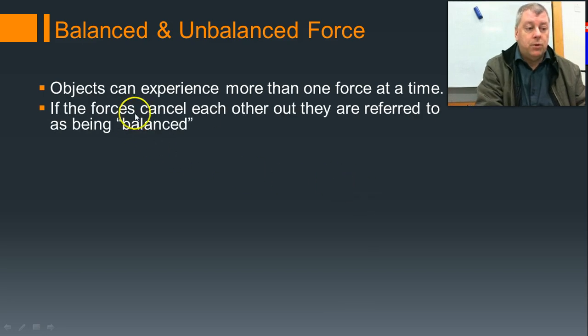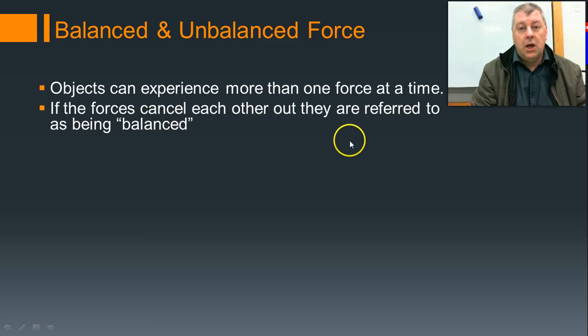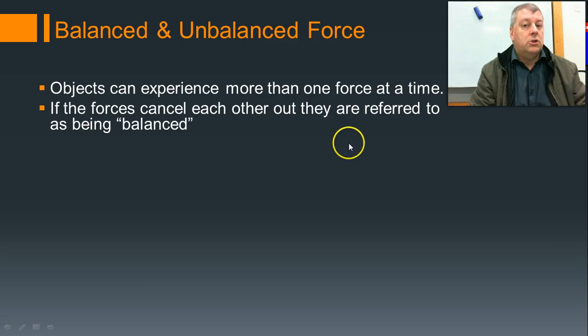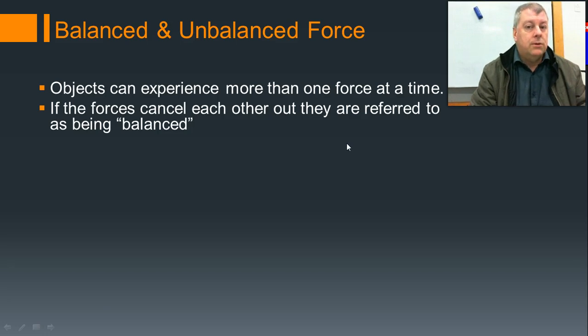If the forces cancel each other out, they are referred to as being balanced. So right now you're sitting on a chair, your mass is creating a weight force on the chair, and your chair is pushing back with an equal but opposite force, and so you're not going anywhere, you're just sitting on that chair. So we would say that the forces of you sitting are being balanced.